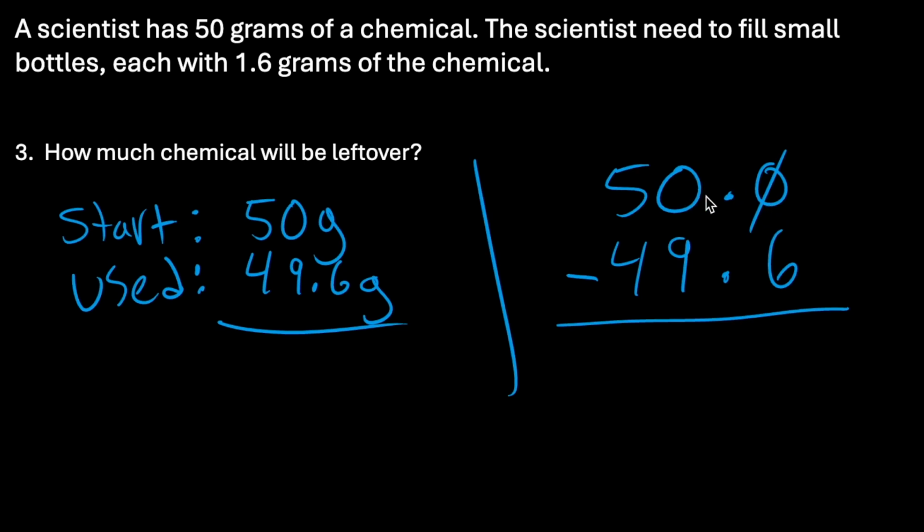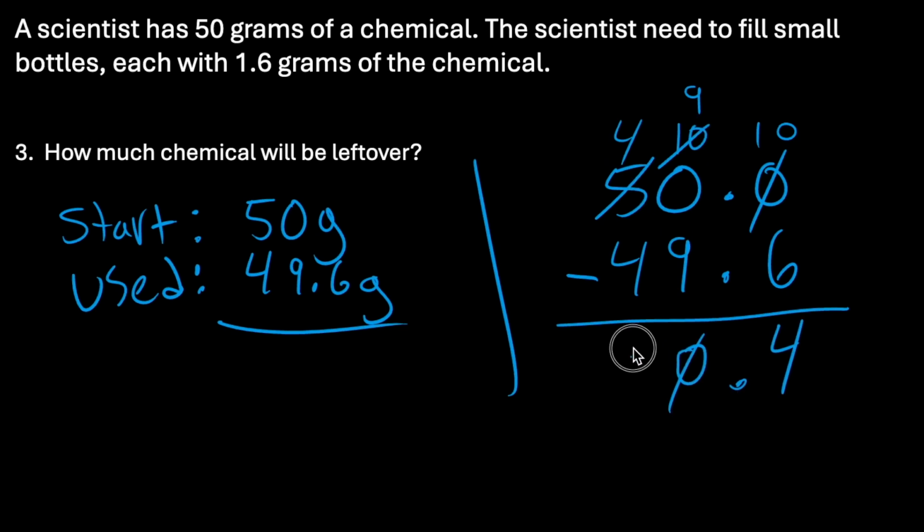We can't borrow from the 0 next to it because it's also a 0. So we need to borrow from the 5. So this becomes 4, this becomes 10, and then 9 because this becomes 10. 10 minus 6 is 4. 9 minus 9 is 0. And 4 minus 4 is 0. And so the answer is 0.4 grams was the leftover. Cool.